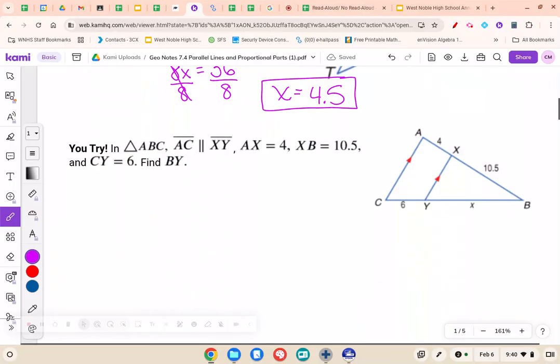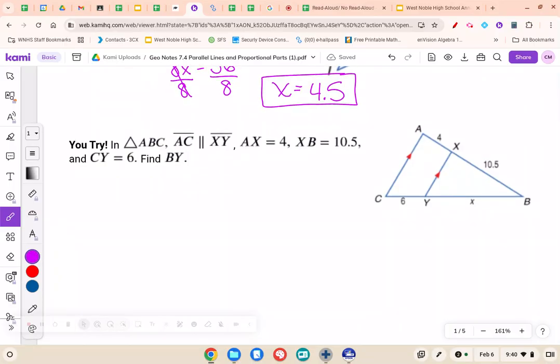Okay. So, same idea for this problem. We have two parallel sides. We are given that AX is 4, XB is 10.5, CY is 6, and BY is x that we're trying to find. It's all marked, so we're good to go there. We can just set up a proportion. 10.5 over 4 equals x over 6.